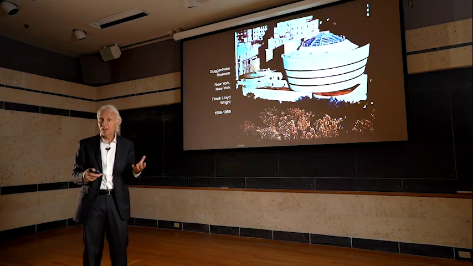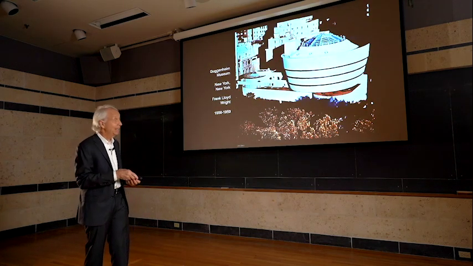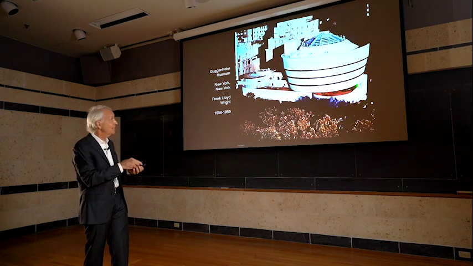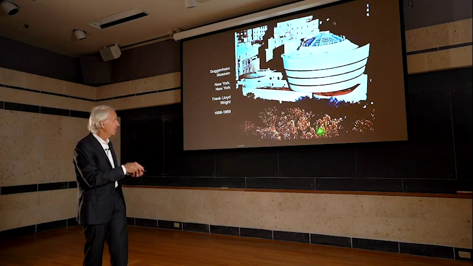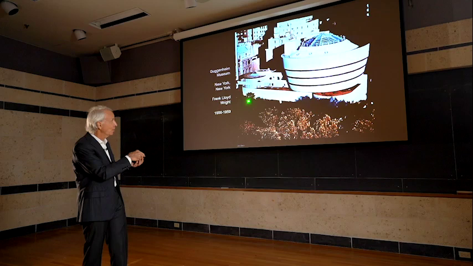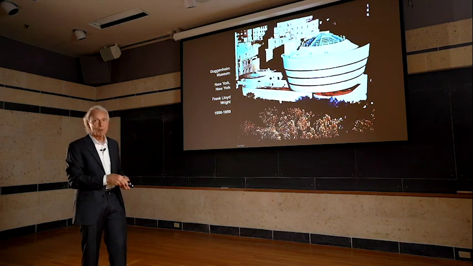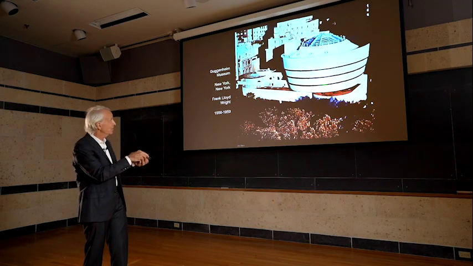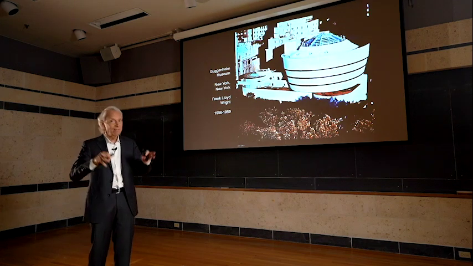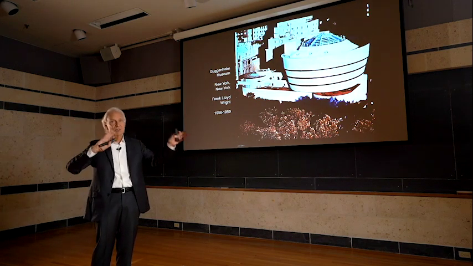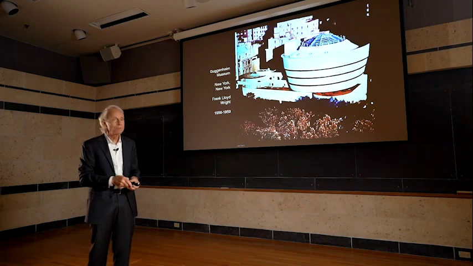So he hires Frank Lloyd Wright to design a museum where he could exhibit this fantastic collection of modern art. And it's right on Central Park in New York, right on Fifth Avenue, very prominent location, relatively small site, but in the midst of this city, it's random collections of all kinds of building forms.